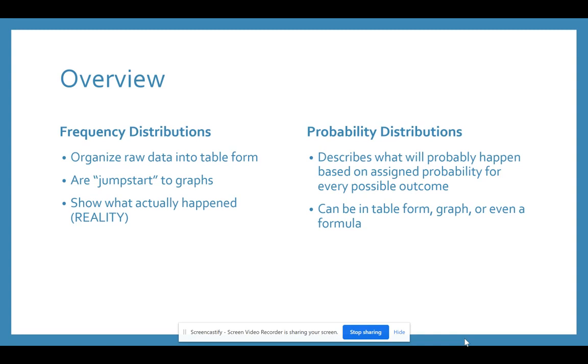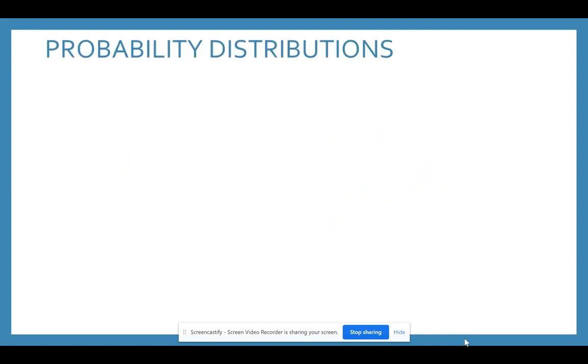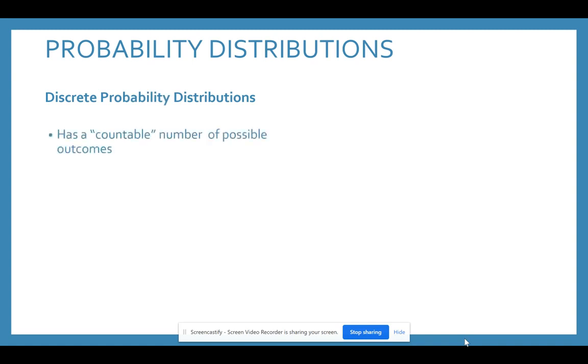There are actually two different categories of probability distributions, and it's a similar breakdown to that of our variables that we talked about earlier in the semester. You have discrete probability distributions, and with discrete probability distributions, just like with discrete data, you have a countable number of possible outcomes.